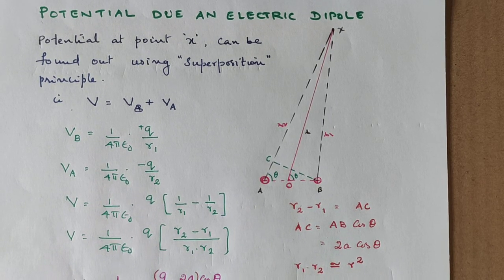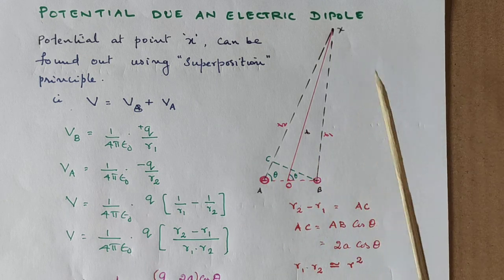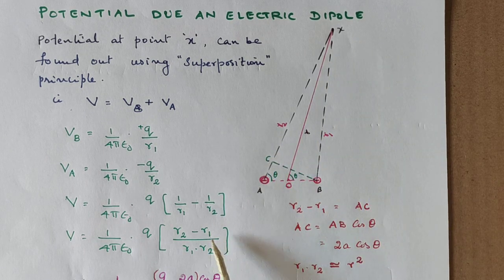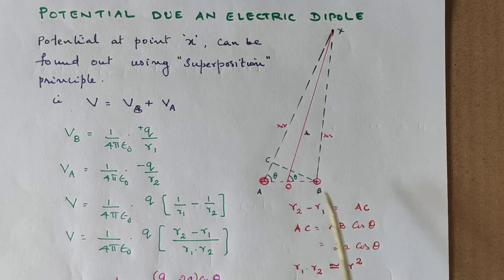Now we go for a small approximation. The dipole is very short, so that the distance BX is equal to the distance CX, so that R2 minus R1 can be taken as the distance AC, that is this very small part.